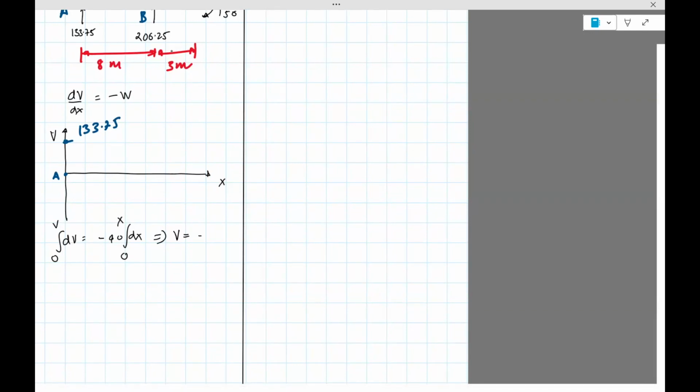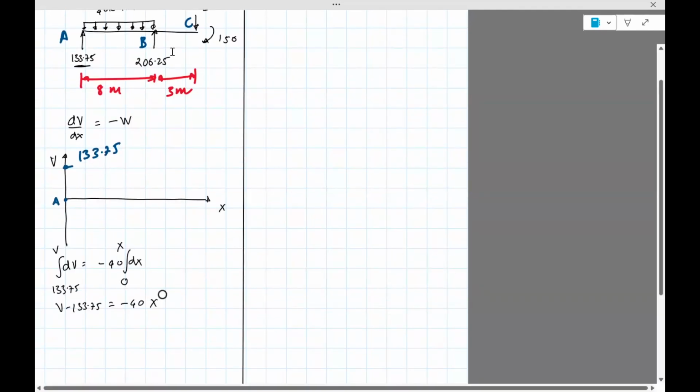Well, my bad, this is not 0. This should be 133.75, because at x equals 0 we have a shear force of 133.75. So we have V minus 133.75 equals minus 40 times x.